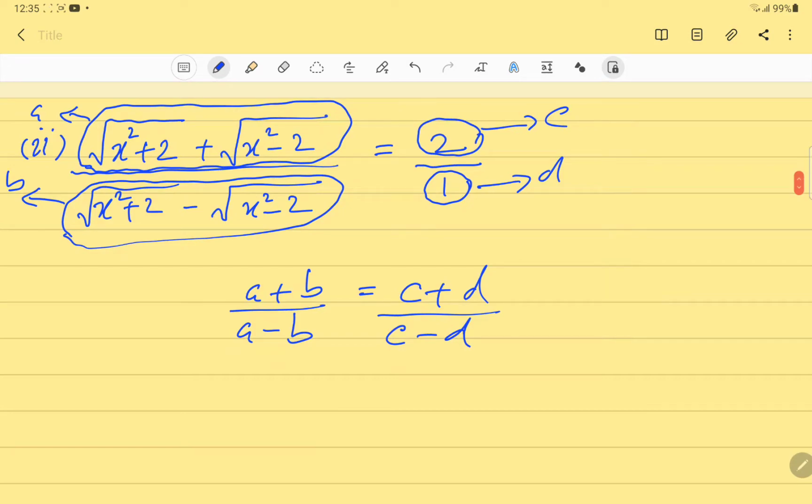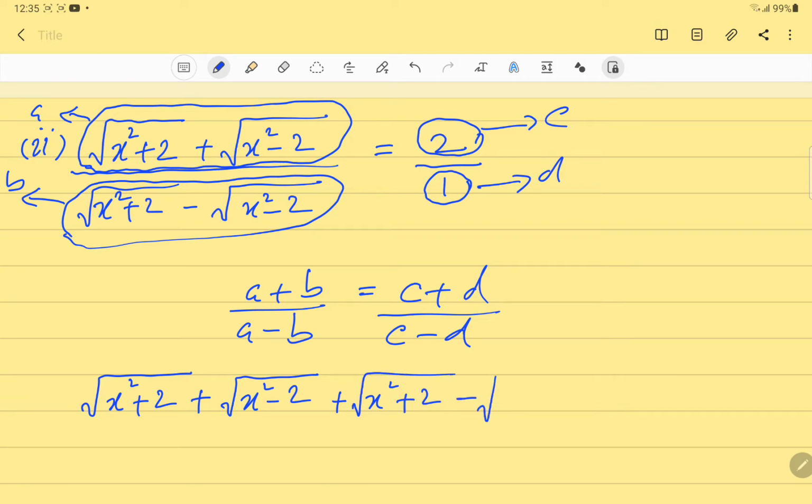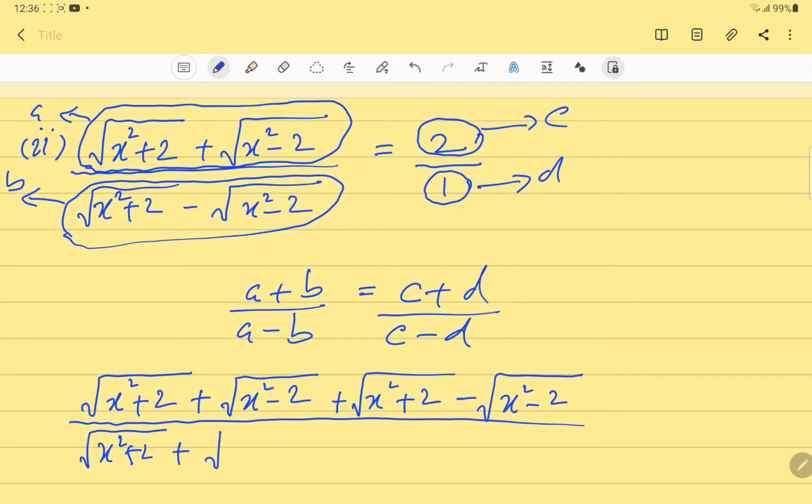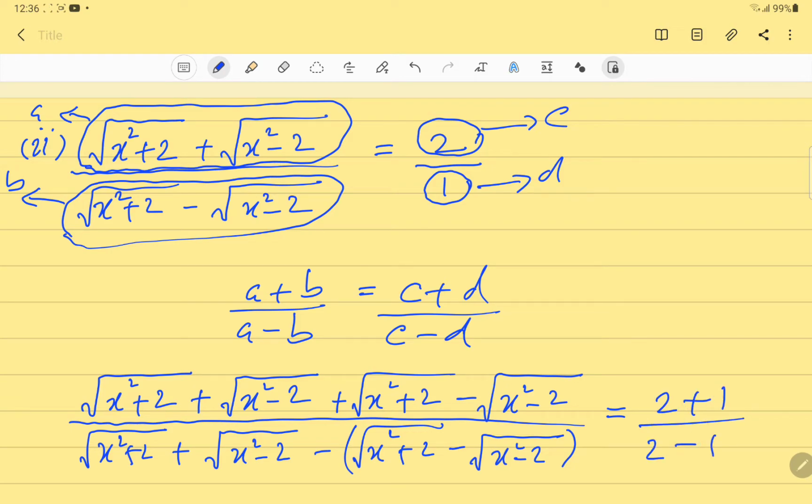Let's replace our values. A is x squared plus 2 square root plus x squared minus 2 square root, then plus x squared plus 2 square root minus x squared minus 2 square root over x squared plus 2 square root plus x squared minus 2 square root minus x squared plus 2 square root minus x squared minus 2 square root is equal to 2 plus 1 over 2 minus 1.